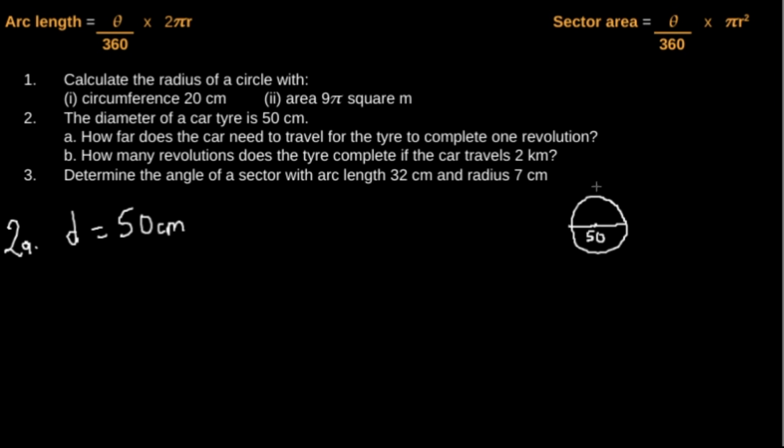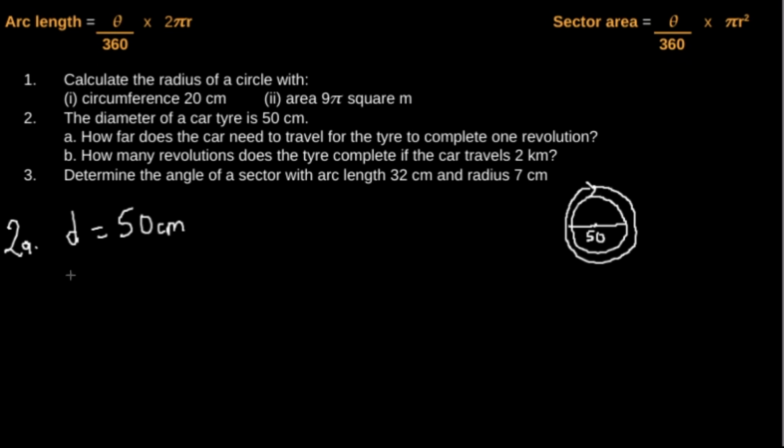So let's say it begins to move here. It has to move from here to the point where it started to make one complete revolution. That's a 360-degree turn. So that's like asking for the circumference of the circle, okay? Going round the tire, the circumference, the perimeter of a circle, and that's what you're going to calculate.